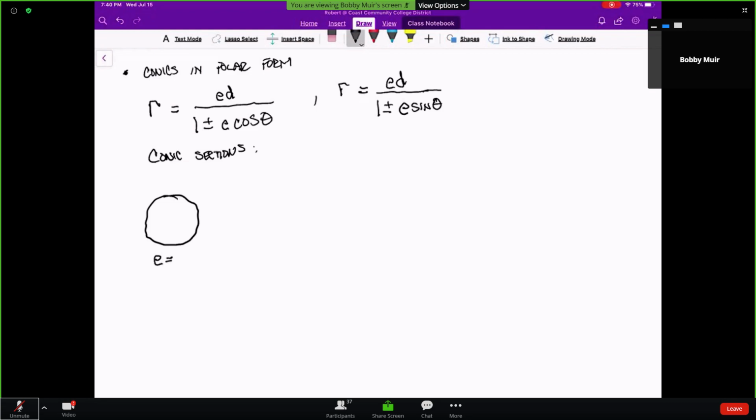In this case, this might be like 0.2 or something like that, as opposed to Halley's Comet, where this eccentricity is going to be pushing close to 1, like maybe 0.92. Okay. And so when you get these things in the standard form, you read this number off, and that tells you what kind of conic section you have.